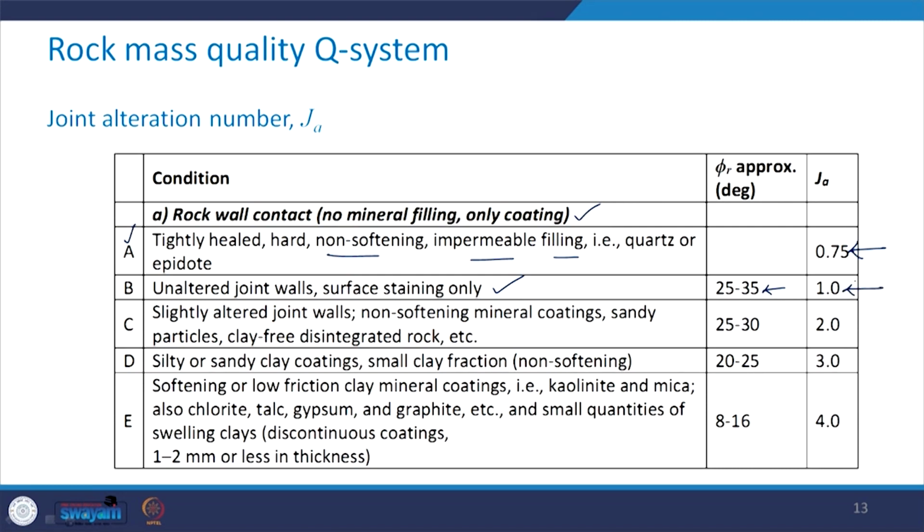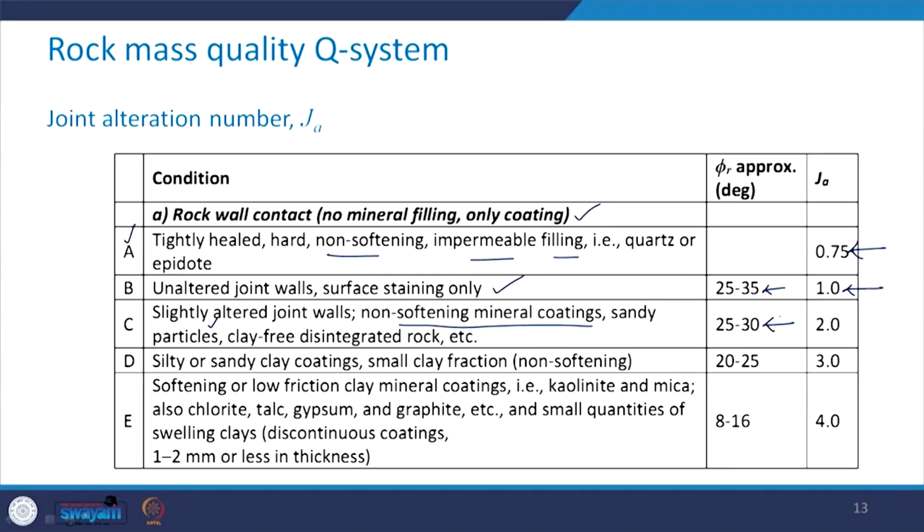Then coming to class C, which has slightly altered joint walls, non-softening mineral coating, sandy particles and clay-free disintegrated rock, etc. The range of this friction angle is from 25 to 30 degrees and the rating is 2.